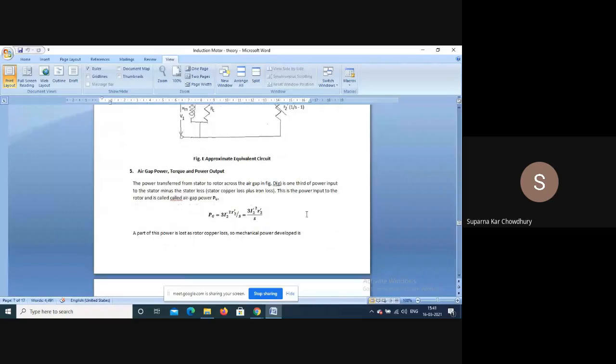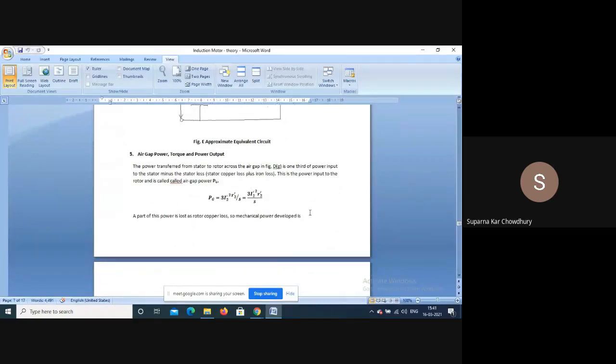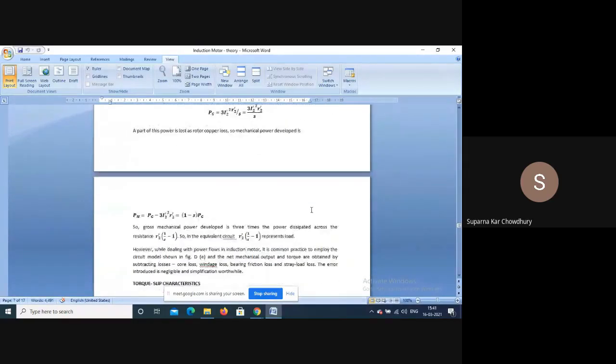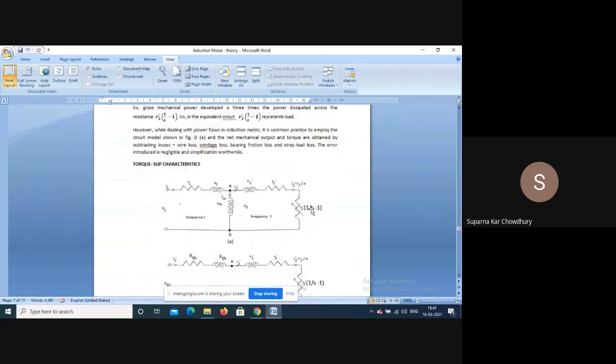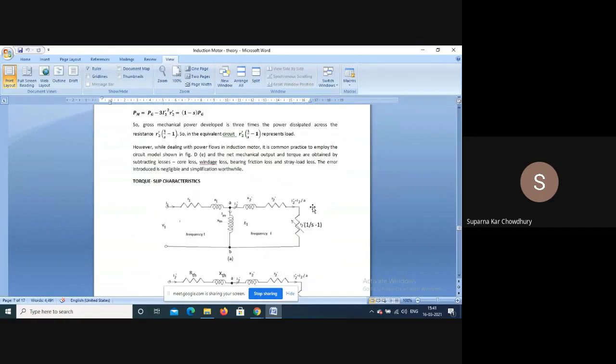Now next we will derive the expression of the torque and the torque slip characteristic.